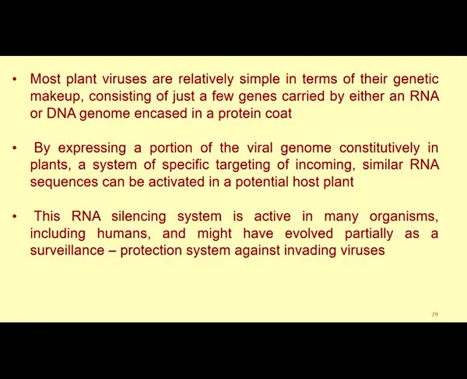Most plant viruses are relatively simple in terms of their genetic makeup, consisting of very few genes, coded by either RNA or DNA, so the genome can be either a DNA genome or an RNA genome. By expressing a portion of the viral genome constitutively in plants, a system of specific targeting of incoming similar RNA sequences can be activated in a potential host plant.